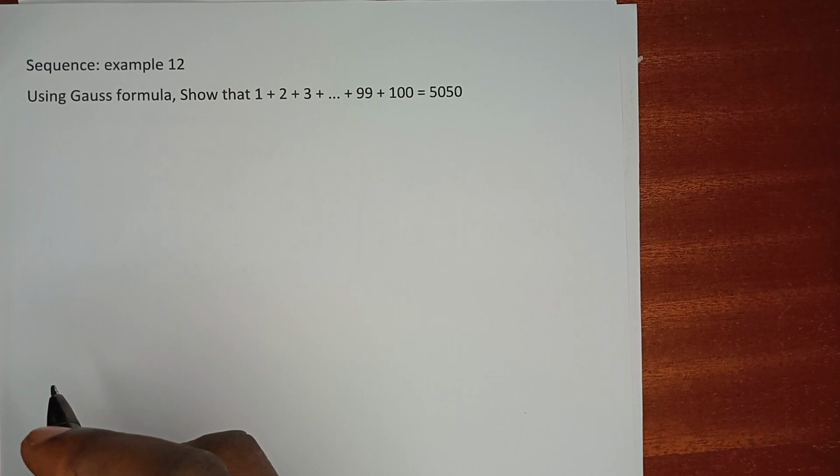And in this video, I want us to explain example 12 of the sequence using the Gauss formula. It's very clear that according to the Gauss formula, which I'm going to use to explain this question, it is very easy to get the sum of the first n terms of a sequence.